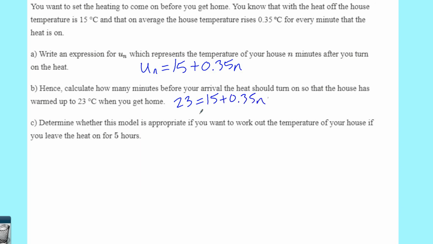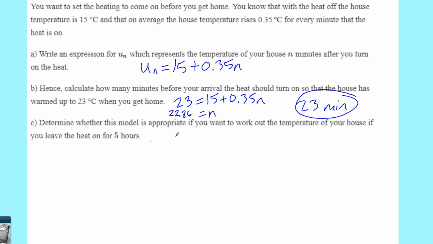So we solve for n. 23 minus 15 divided by 0.35, and we get about 22.86. That doesn't really make sense, so I would round up here and say 23 minutes.